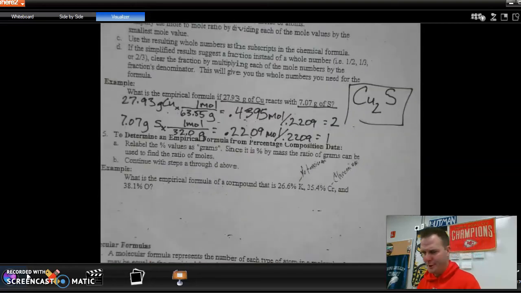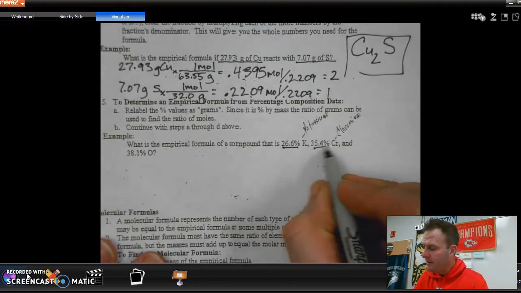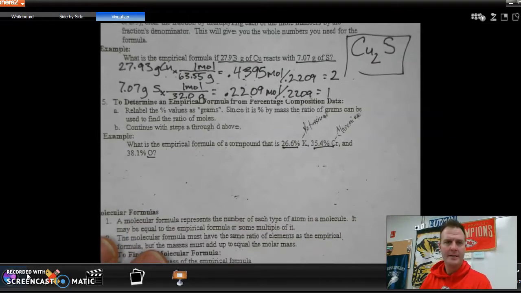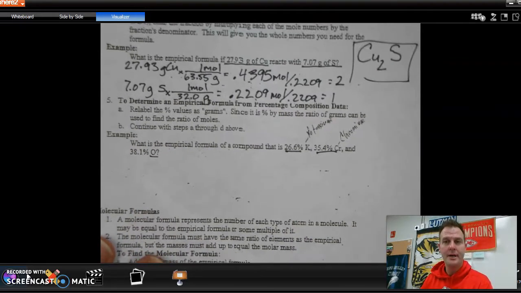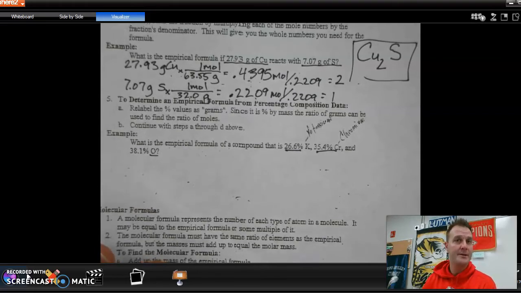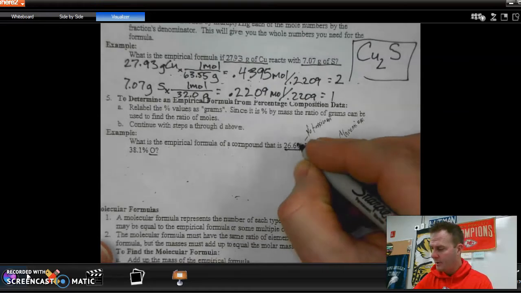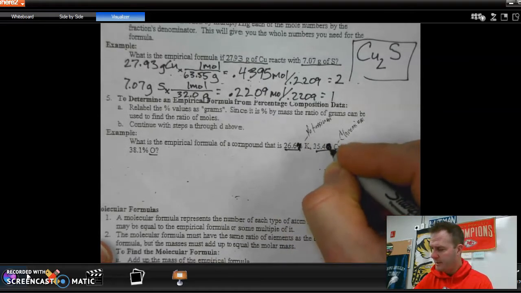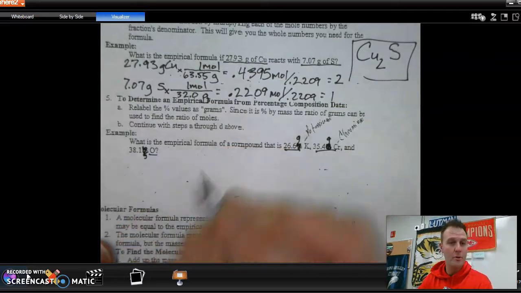Pretty good, pretty good. Now, here is going to be the same problem, except different from this one because they are in percentages. However, percentages are based on 100, so if that is the case, then what we are going to do is just simply ignore all of the percent signs and just make them grams, because they're all still going to be proportional.